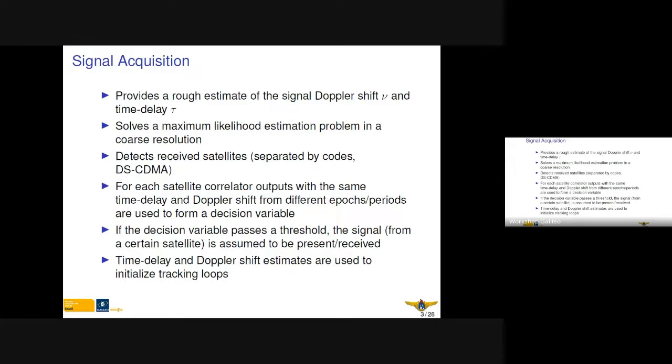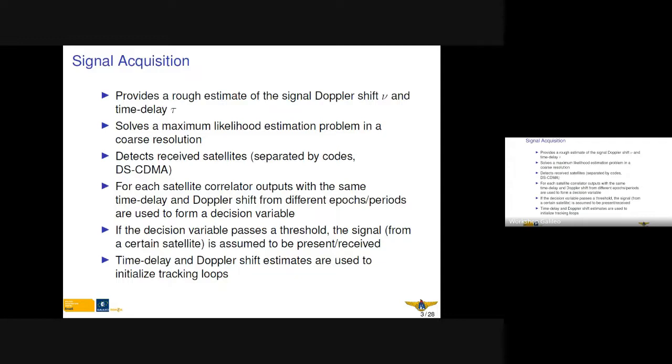We have also to detect the received satellites, which are separated by codes in the DS-CDMA. And for each satellite, correlator outputs with the same time delay and Doppler shift from different epochs periods are used to form a decision variable. If this decision variable passes a threshold, the signal from a certain satellite is assumed to be present and received.